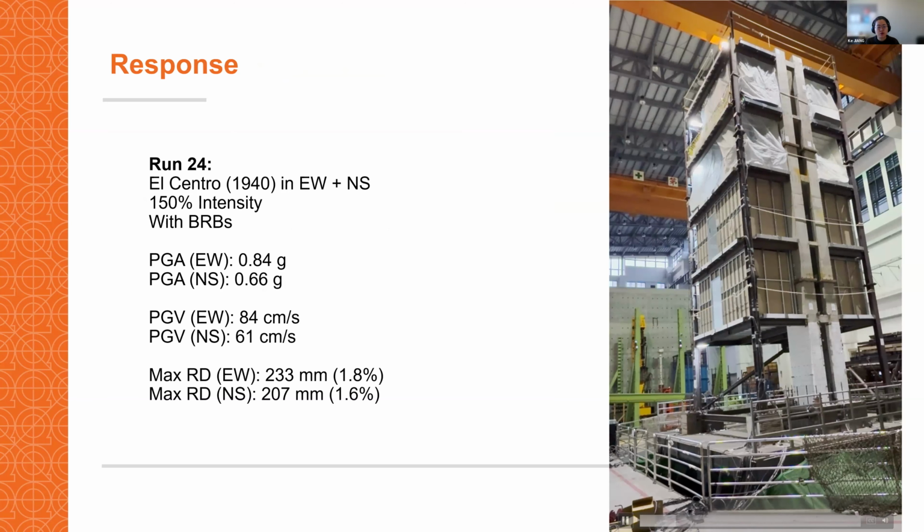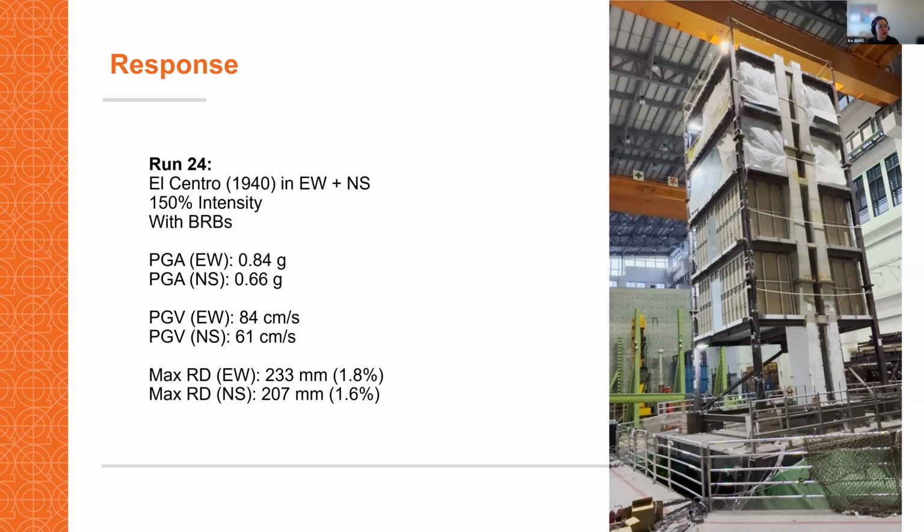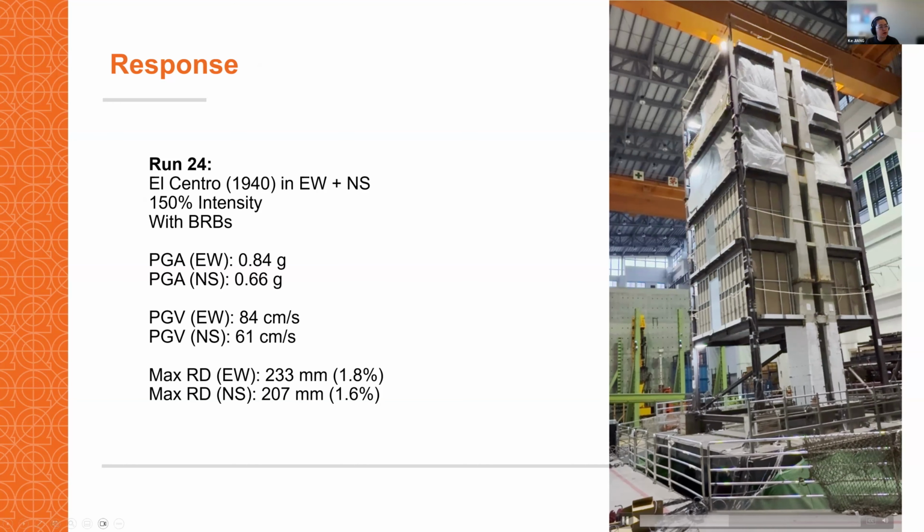Just to show round 24, where the coupling beam has the shear crack, and it's the third story's coupling beam that has the crack. Now you can see there are some cracks on the coupling beam.